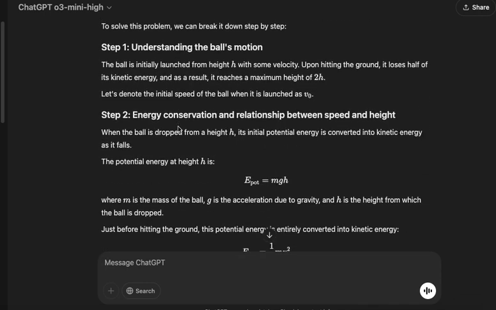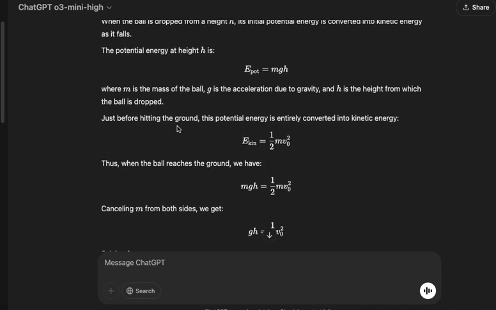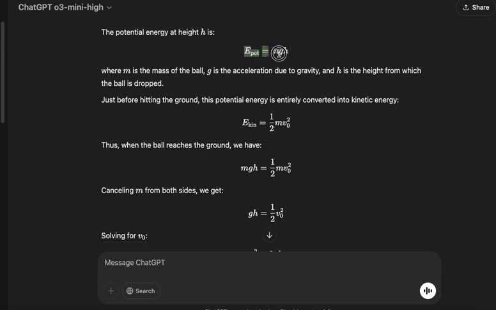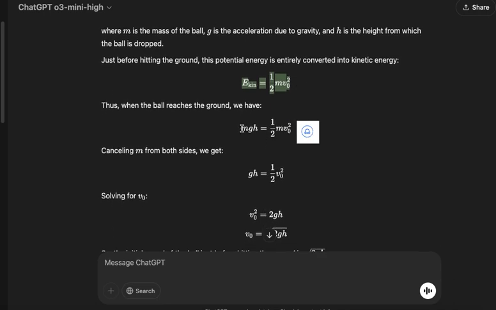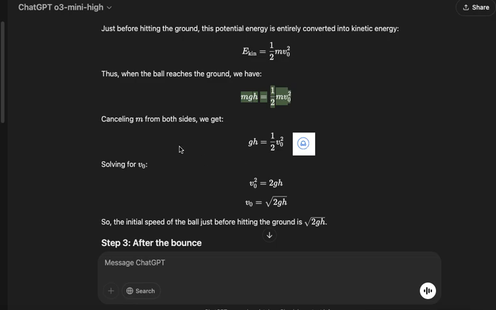Let's see the answer. Potential energy is the first step, and kinetic energy the second step, and it has to decode the conditions it provides.